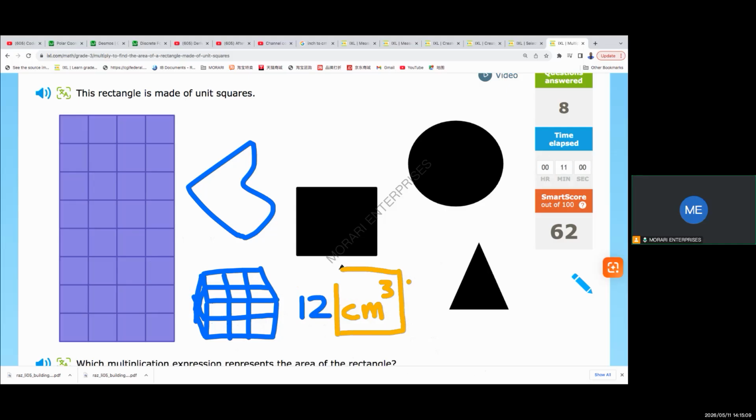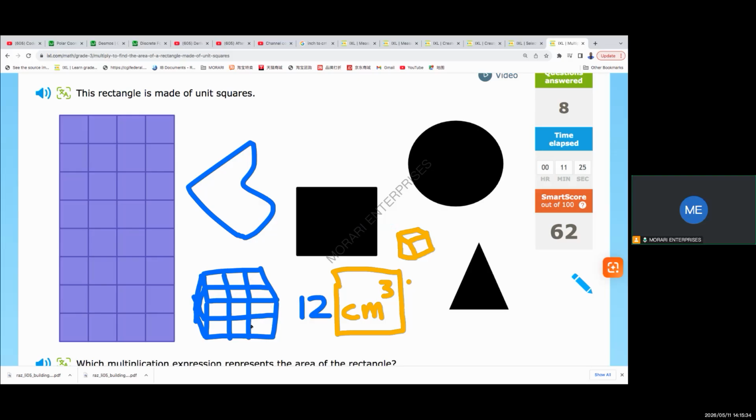It's a cube of size centimeter. So you make a cube of size centimeter here, and here, and here, to fill the 3D space inside.